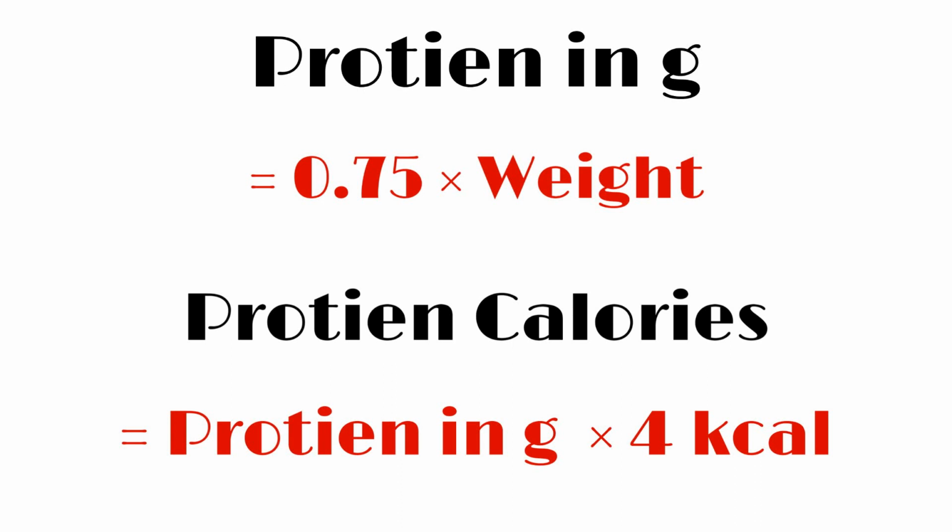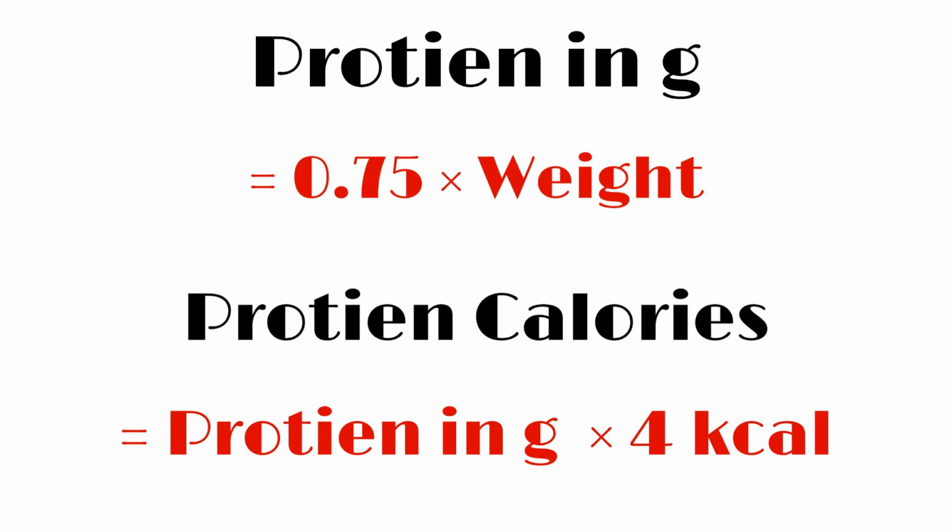Then if you are overweight, your current weight, and if you are underweight, your ideal body weight, you multiply that by 0.75, which will give the number of grams of protein you need per day. If it's 60, it would be 45 grams. If your weight is 100 kilograms, it would be 75 grams, something like that.